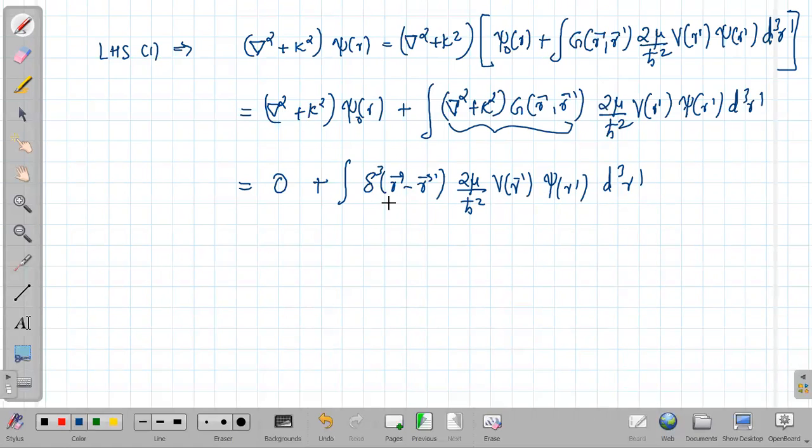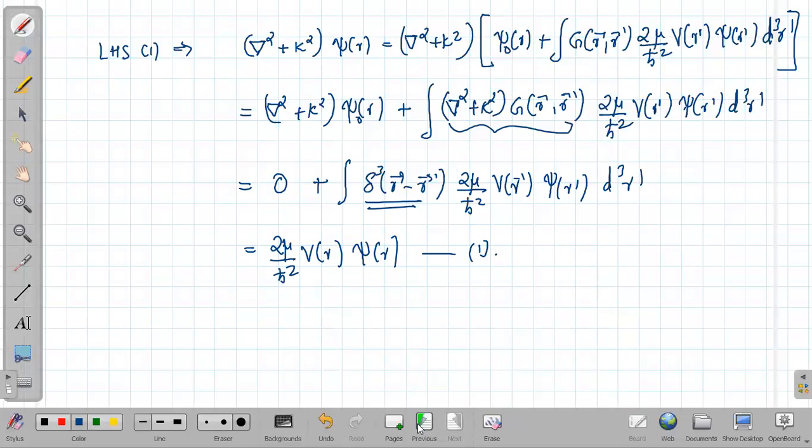If you integrate over r prime, there is a Dirac delta function here, so you just replace all r prime with r. That is the final result. So this would give 2 mu by h bar square v of r psi of r. And what is the left side? Del square plus k square acting on psi of r. So this equation is nothing but your equation number 1.